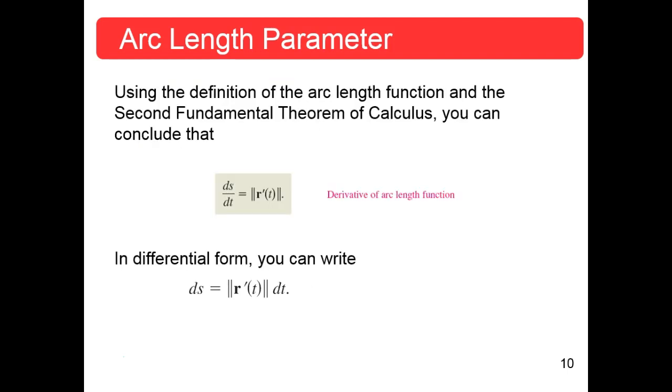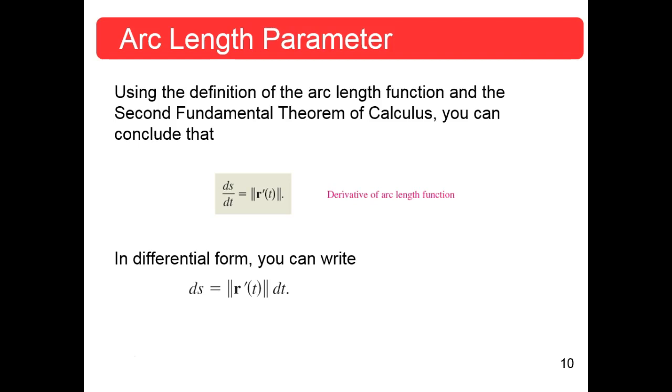Now, using the definition of the arc length function and the second fundamental theorem of calculus, you can conclude that ds/dt, the time rate of change of your arc length parameter, is exactly the integrand you had there, which is the magnitude of r prime, your velocity, or speed actually. So the rate at which you're moving along the curve, ds/dt, is your speed. That's all it's saying.